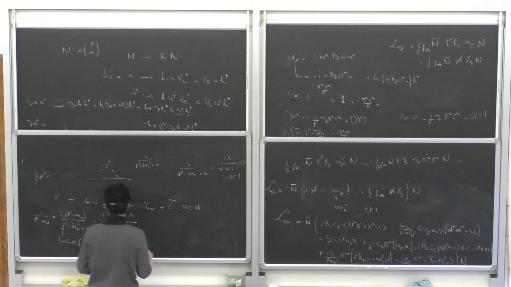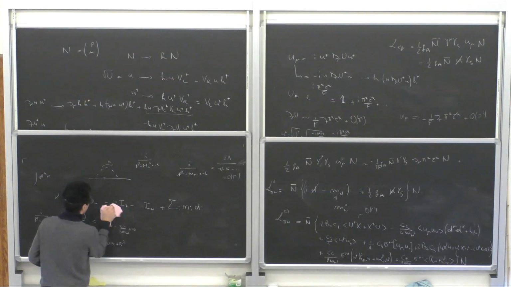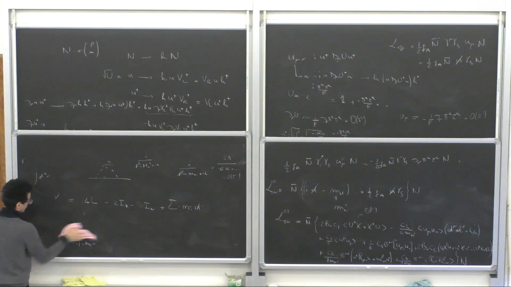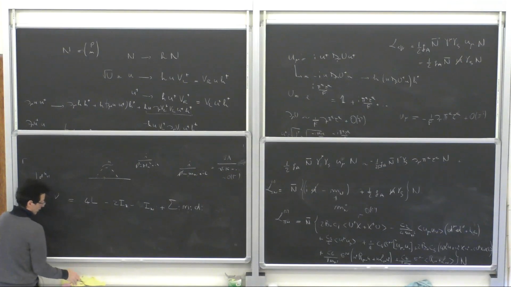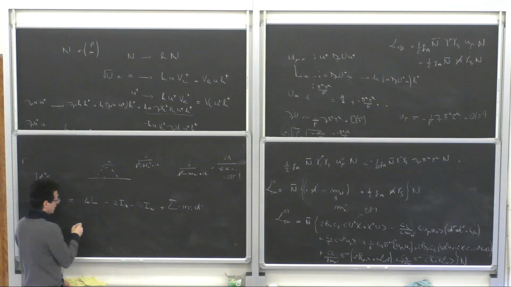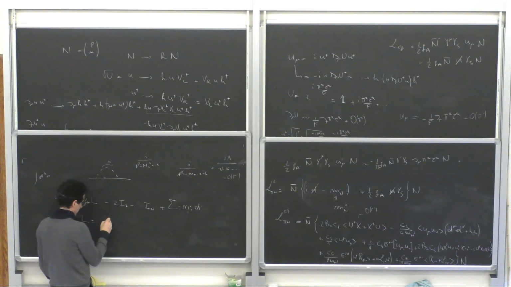Then we have to use the topological relation. The number of internal lines is I equals the number of loops plus the number of vertices minus 1.